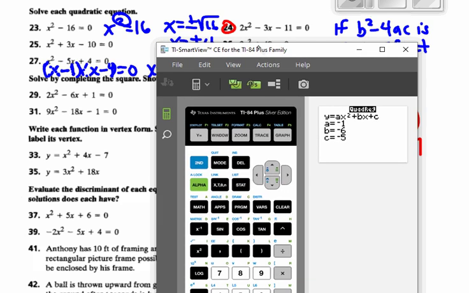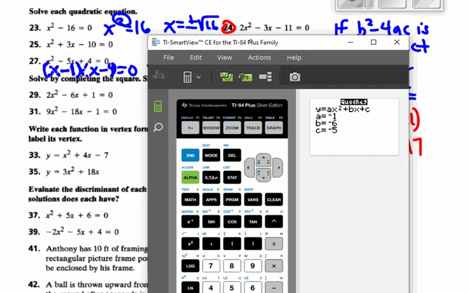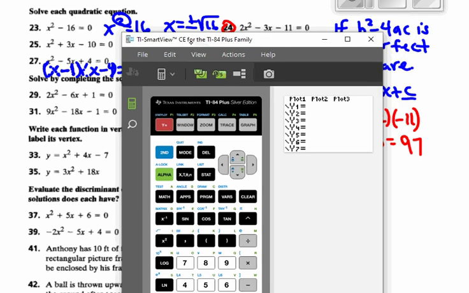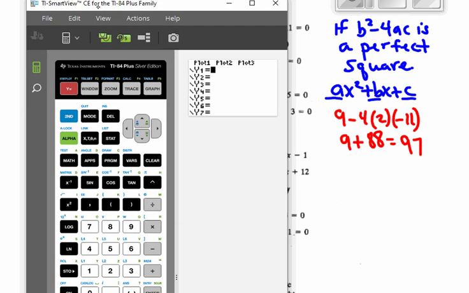So how do I play in the graphing calculator? The quickest way to do it, to get your answer. We'll do it one time, pay attention. Okay, y equals, I type the first one in, 2x squared. Let me clear this whole thing and try that again.